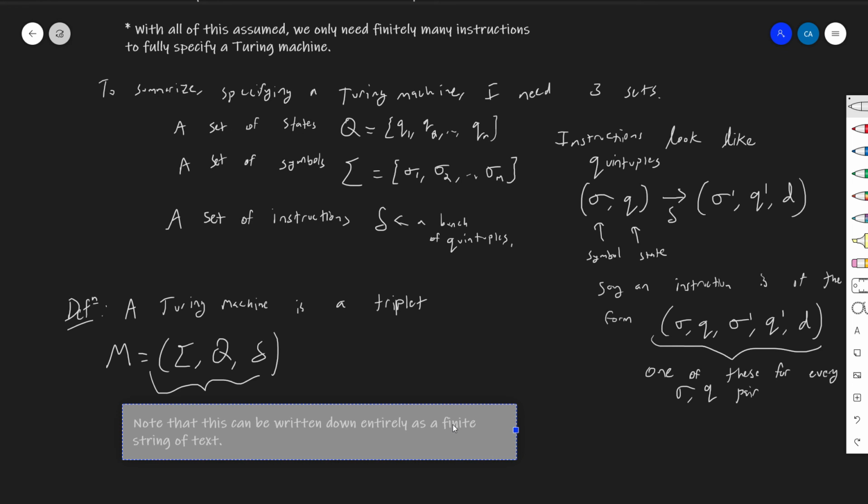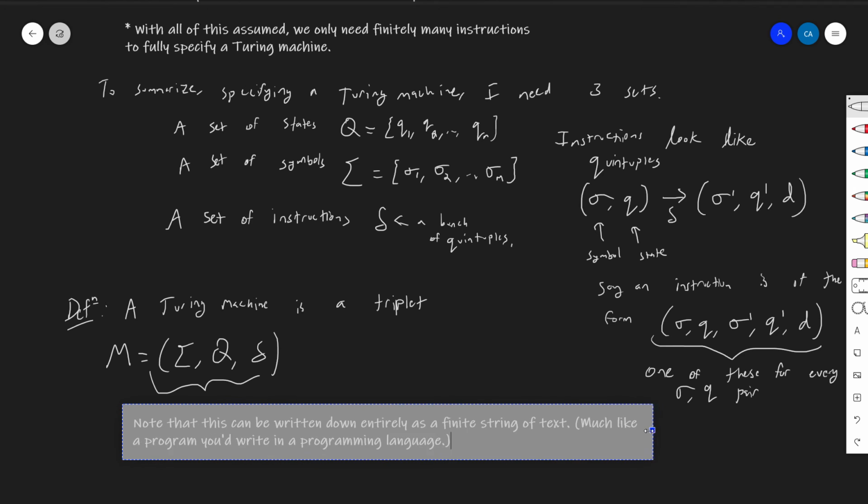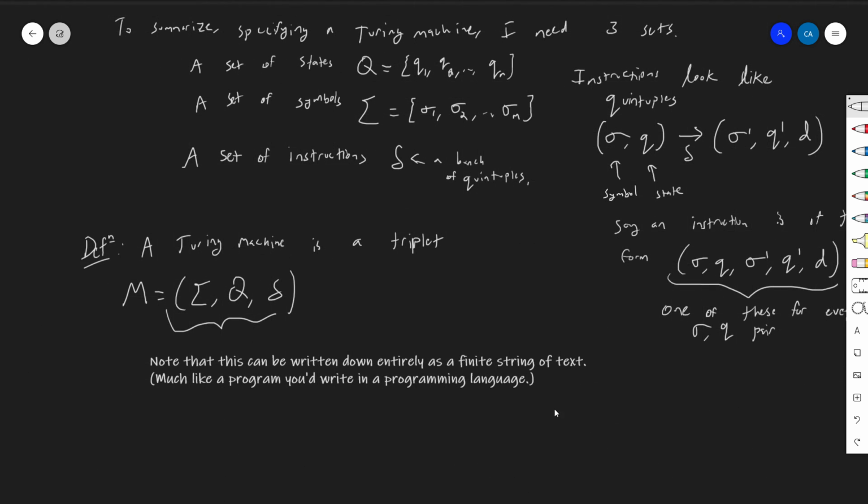Much like a program that you would hand somebody or write in a programming language. In fact, it's exactly like that. It is important to realize that we can specify it finitely. We can finitely specify an algorithm, and that is one of the defining features of an algorithm. Because infinite algorithms don't really make sense to talk about.